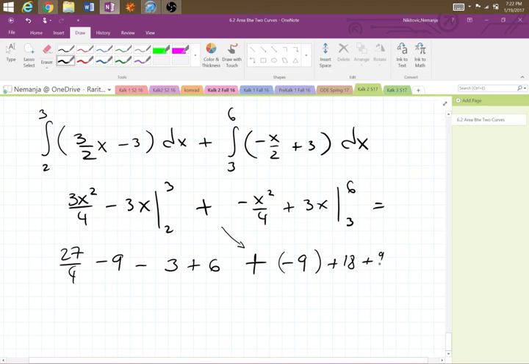And then minus 9. Negative 12, positive 6. So minus 6. And then over here I have plus 9, minus 9, that all dies, plus 9 quarters. And then 27 plus 9, 36 divided by 9 minus 3 is 3. Is it 27 over 9 or 4?